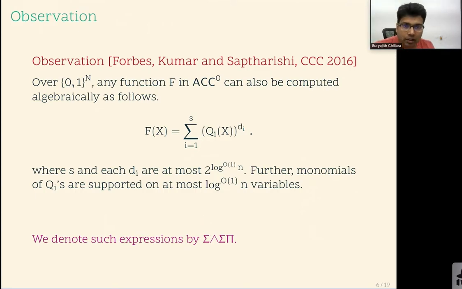So now, to show that there is a function which is not in AC0, it is sufficient to show that that function does not have expressions of this form where S is bounded by quasi-poly.